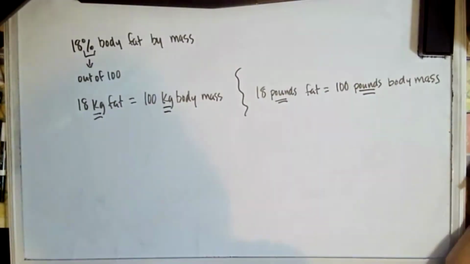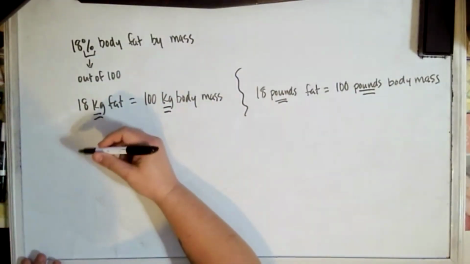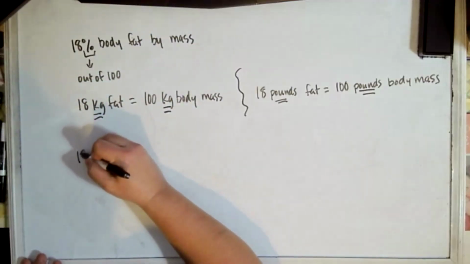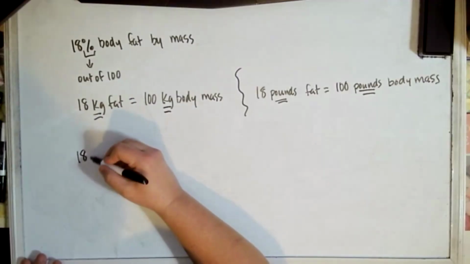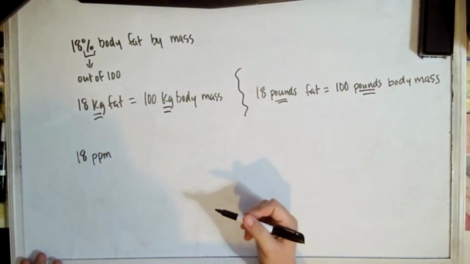If we were looking at something like parts per million or parts per billion, let's say that we wanted to say there was 18 parts per million. I'm trying to think of something that would make sense.